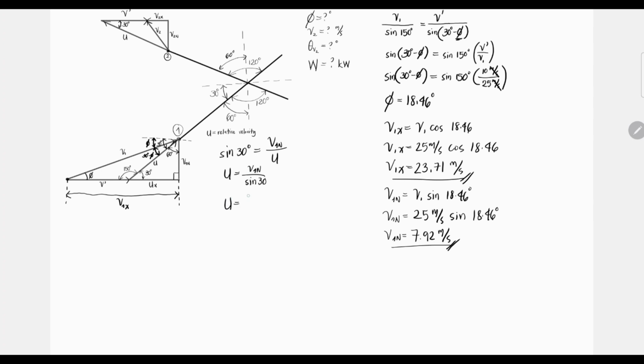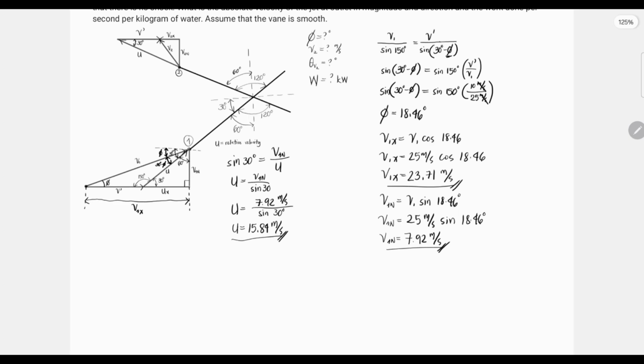Supplying the value for our v1n, that is 7.92 meters per second over sine 30 degrees. U, therefore, is 15.84 meters per second. So, nakuha na natin lahat ng kailangan natin at point 1. We can now go to point 2.